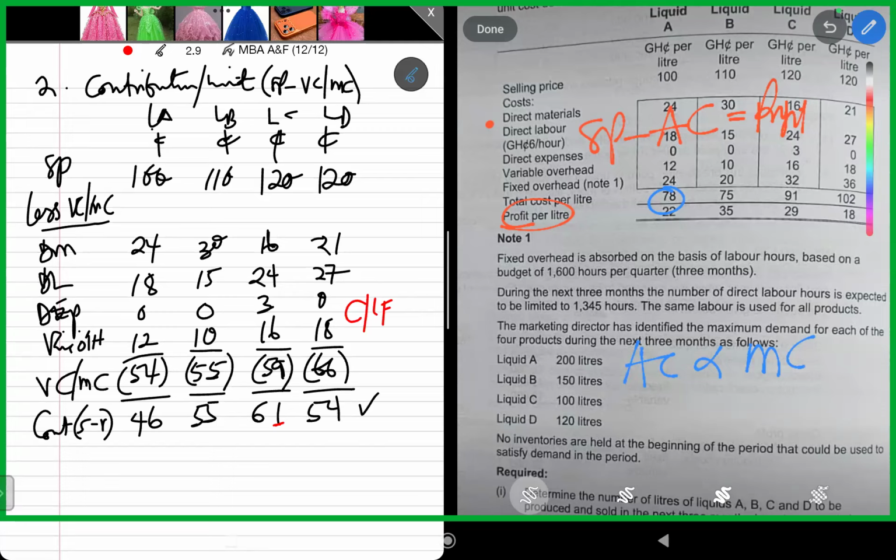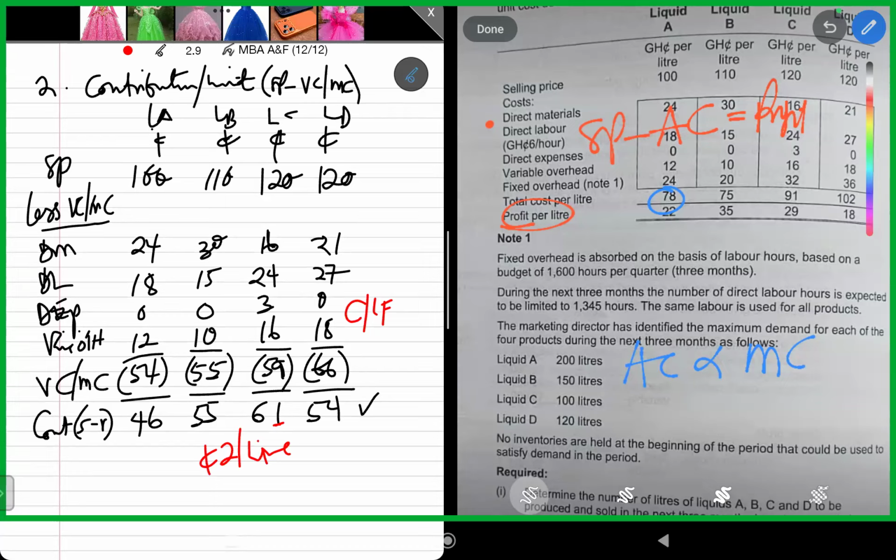When I say 2 cedis per liter, what does it mean? It means 2 cedis per one.